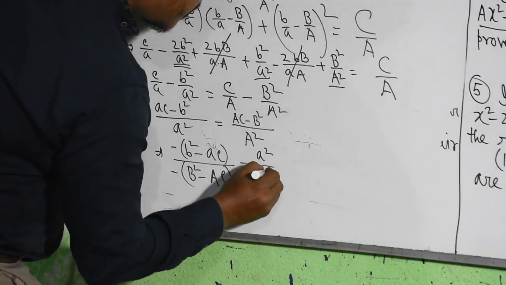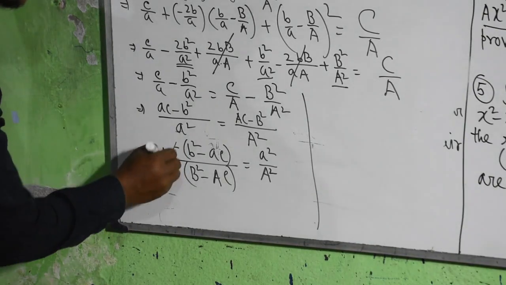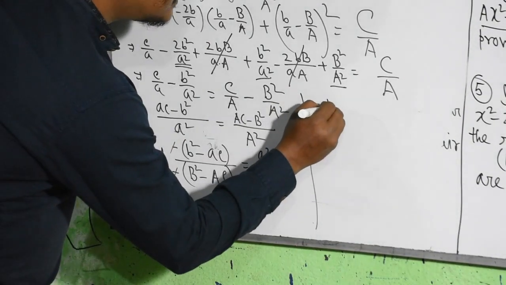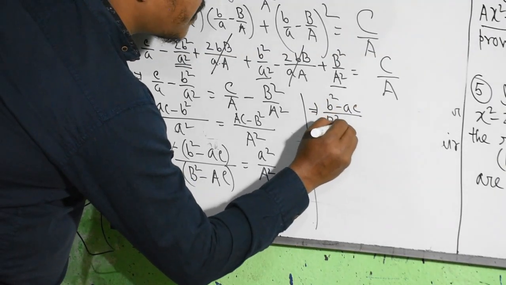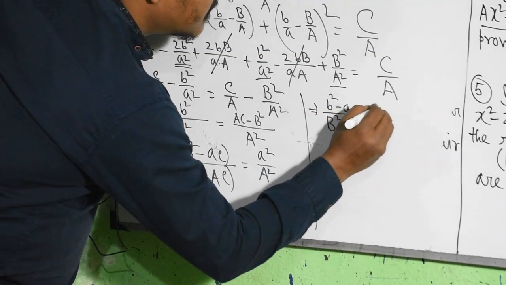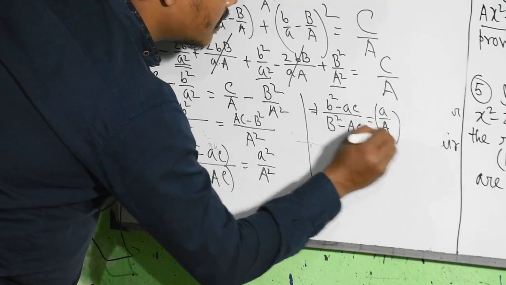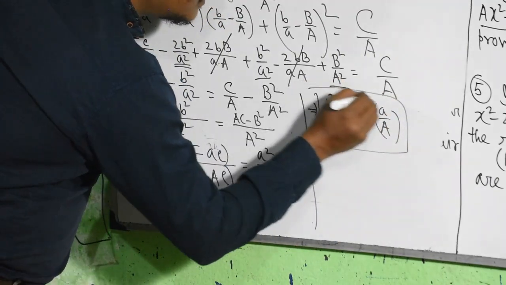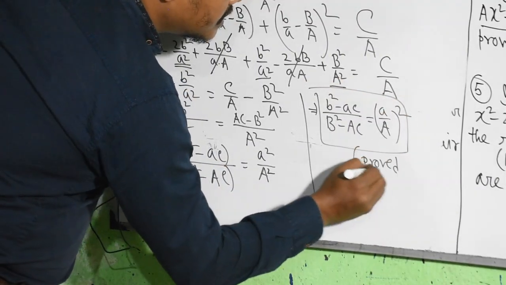I have just done cross multiplication. So minus minus cancelled, we get b square minus small ac by capital B square minus capital AC equals small a by capital A whole square. So this is our required result. So proved, I think.